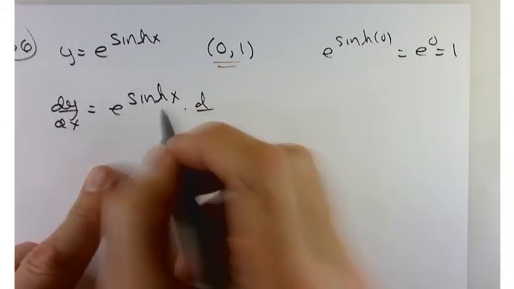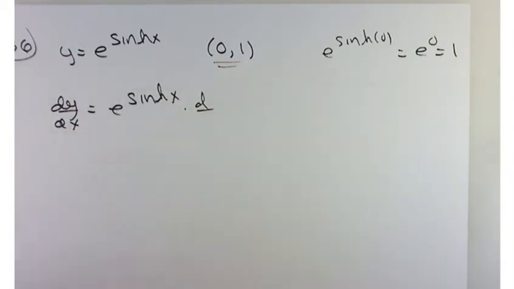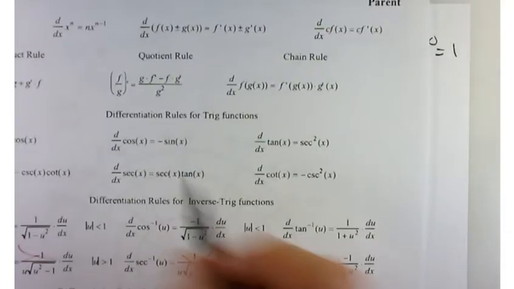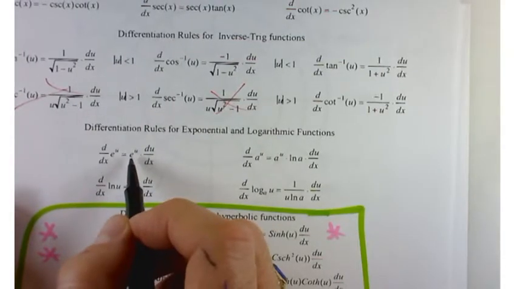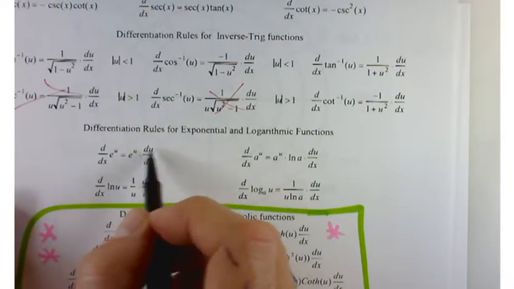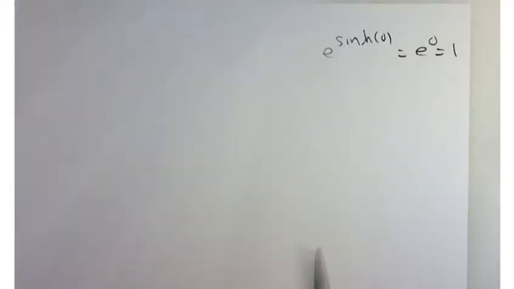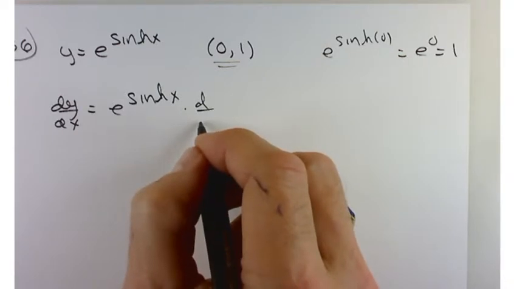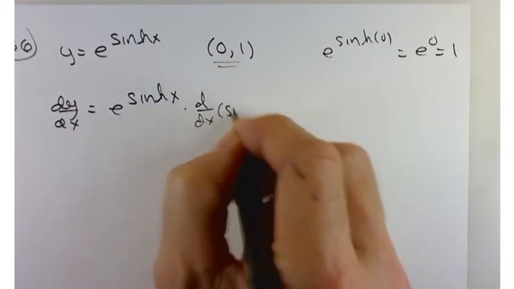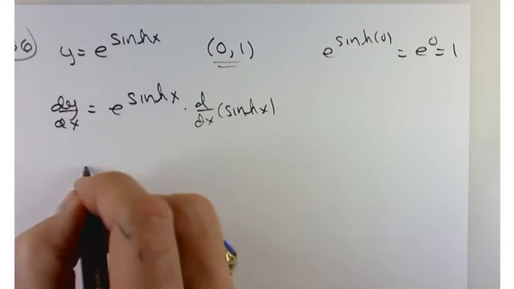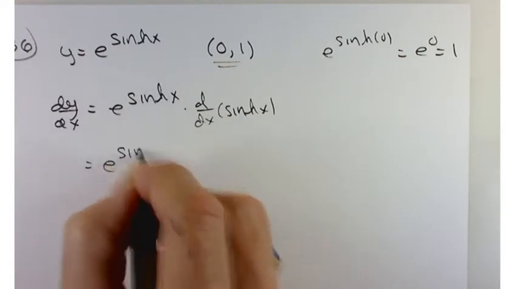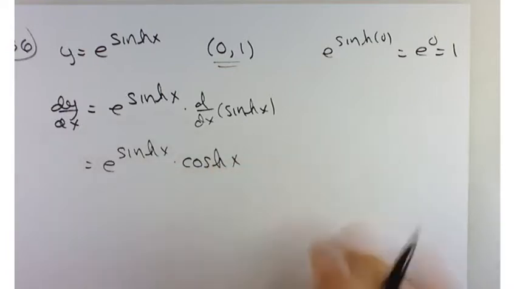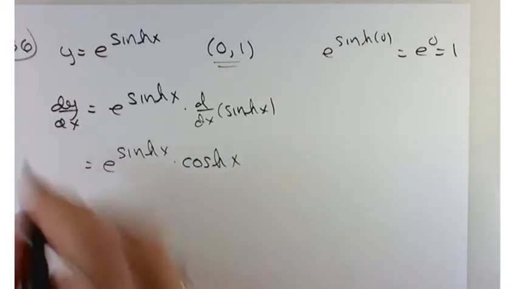The rule here is: derivative of e to the u is e to the u times the derivative of the exponent. So what's the derivative of the exponent here? Yes. So d by dx of sinh of x is cosh of x. e to the sinh of x times cosh of x. So that's our slope.